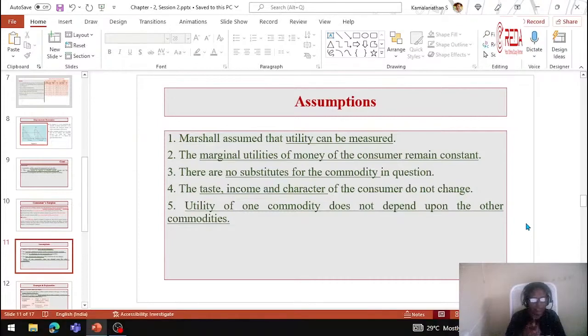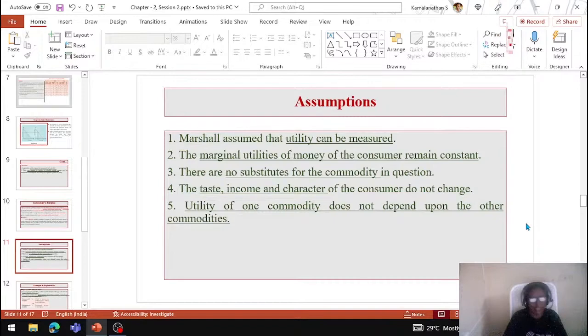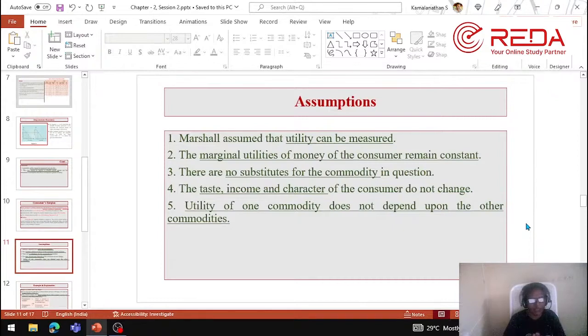If my aim is to purchase a watch, I have to go to the shop, see the commodity, and immediately purchase it. While this process goes on, the author of the theory says that there should not be any change in taste, income or character when you buy the commodity.